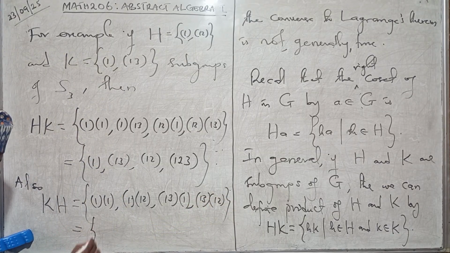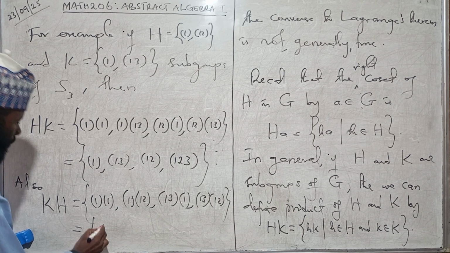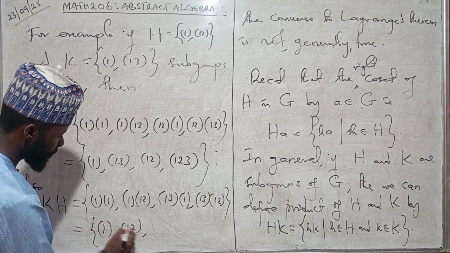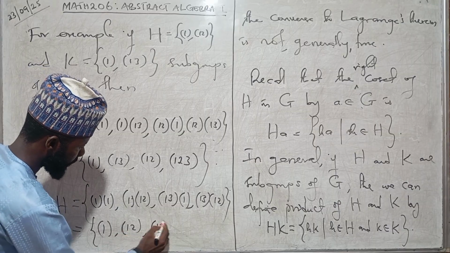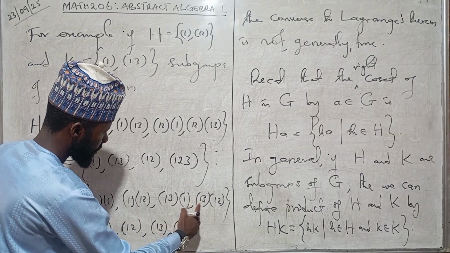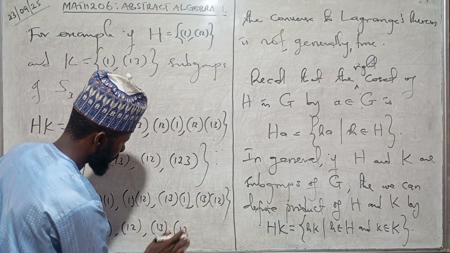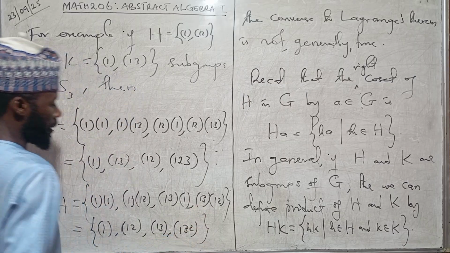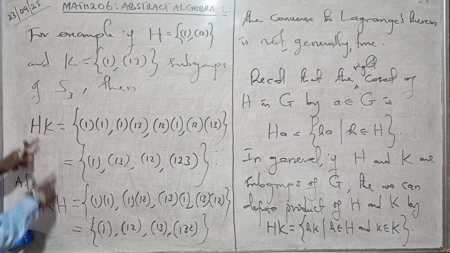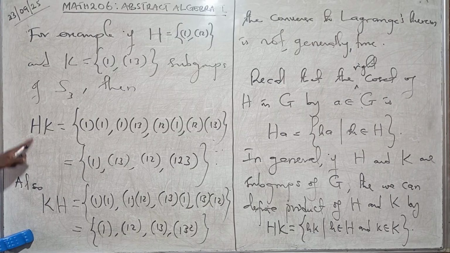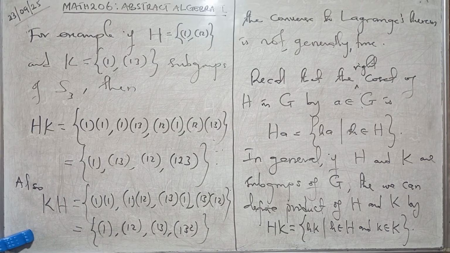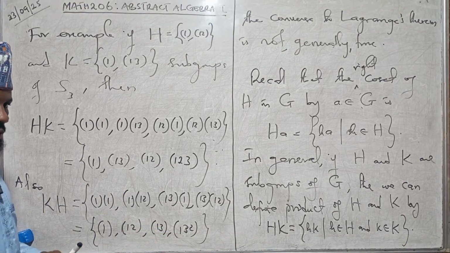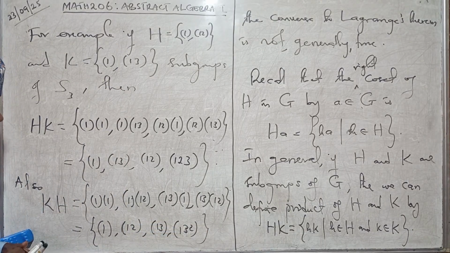And this is equal to 1 as in the identity permutation, and then (1 2), then you have (1 3). Then 1 is mapped to 3, and 3 over here to 3. 3 to 1, 1 to 2. So this is the permutation. But if you look at these two, they are not the same. So HK is not always equal to KH. This product of two subgroups is not commutative. This is what we are saying.